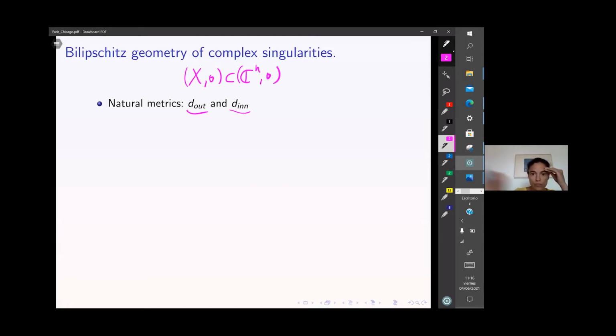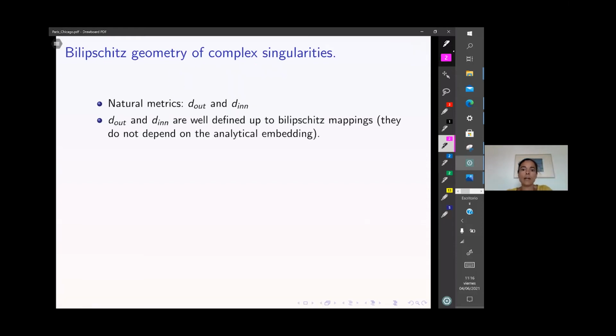These are two natural metrics that are well defined up to Bilipschitz mappings, and they do not depend in particular on the analytic embedding of the germ of singularities.